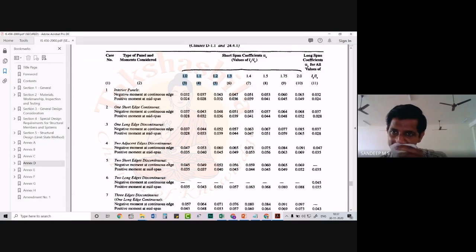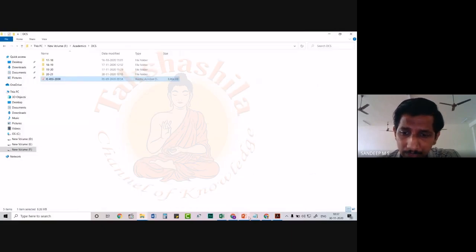Let's see what these conditions mean. Regarding alpha y, we again have different values for each condition, but the Ly by Lx ratio doesn't influence it. For all the cases we can take alpha y from this column. Now we have to see what we mean by continuous edges and discontinuous edges.